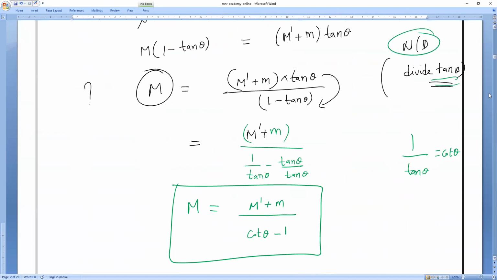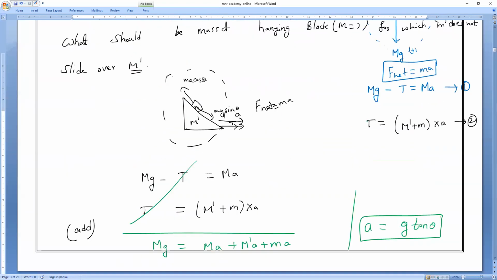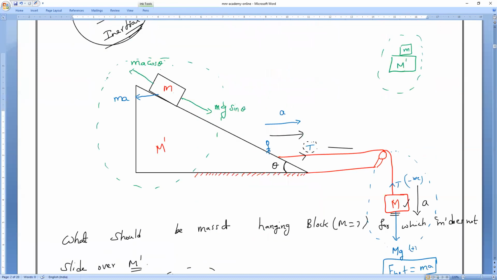Capital M is equal to (capital M dash plus small m) divided by (cot theta minus 1). This is how we find the capital M required to pull the inclined surface without the small m sliding over the capital M dash.